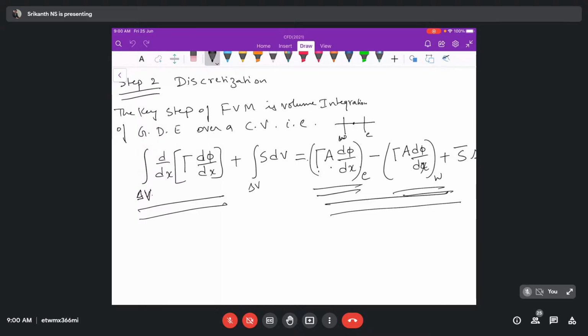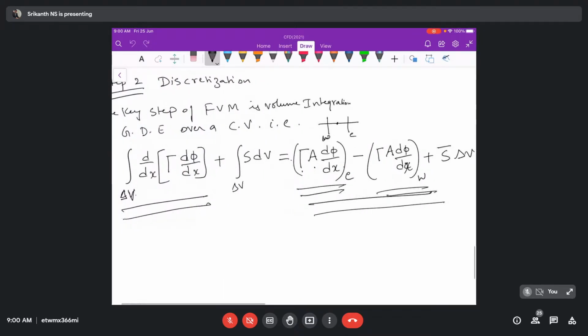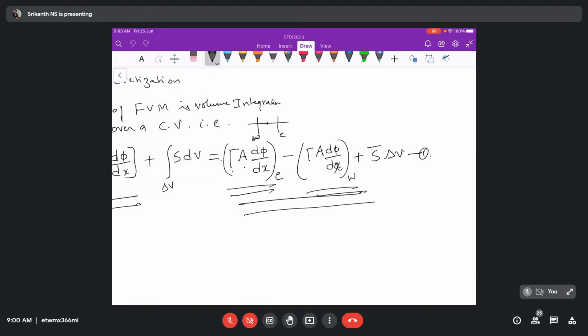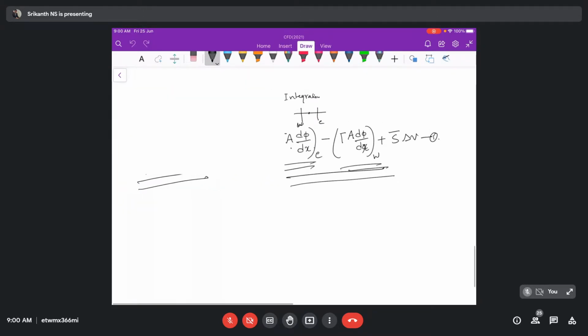S, you know, is something like your heat generation concept, source term. When you do that, you're going to end up with gamma A because we are doing across the control surface. Correct? So that gamma A d phi by dx at the east minus gamma A d phi by dx at the west plus S bar delta V. So this is the discretization form.